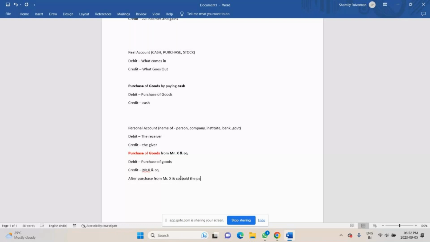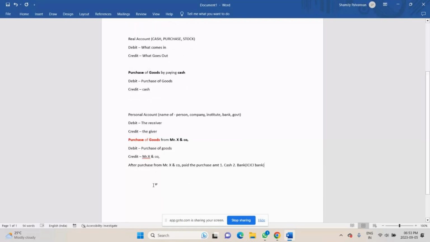Whatever it is, we are paying this person the purchase amount. So how are we paying? If you are paying by cash, we will take that as the first step, and as the second step we will see the entry by the method of bank. Both are the same, but I'm saying this so that you will understand what type of rule it is. So bank we will take as ICICI Bank.